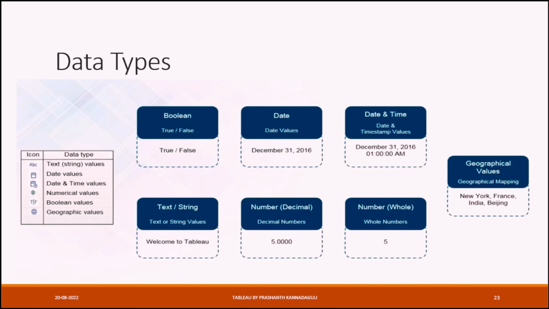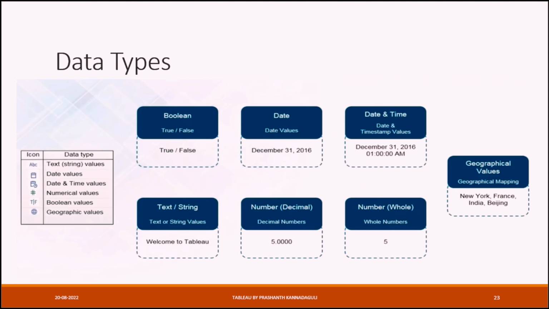In addition to that, we have the geolocations. Geographical values mean that when I say the words New York, I understand it's located at this part of the globe. Similarly, if you are using the geographical value New York, then Tableau can map that New York to some location in three-dimensional space.